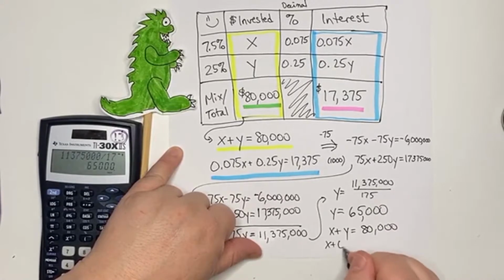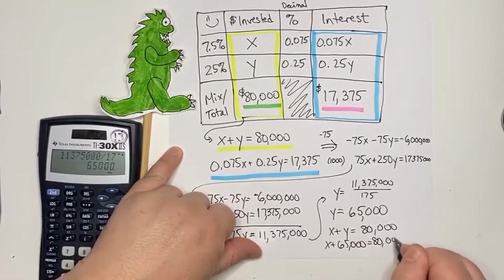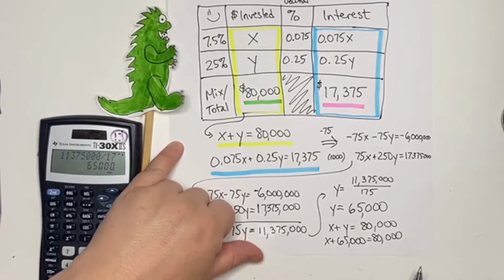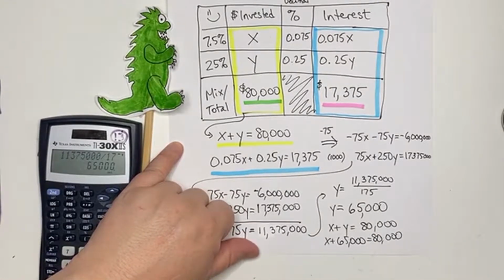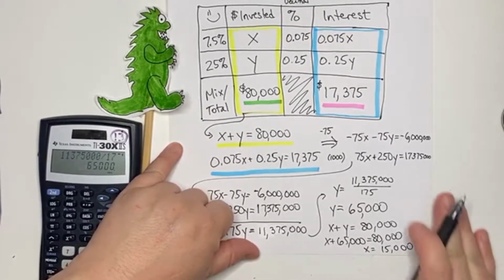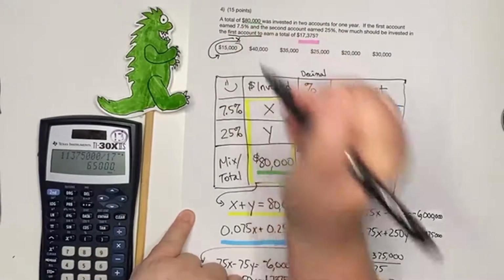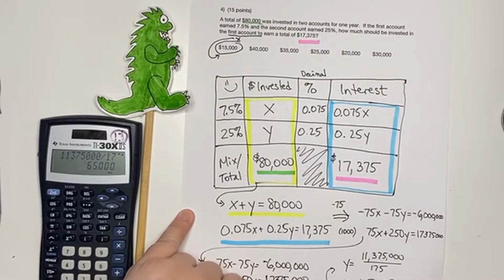So X plus 65,000 is 80,000. I get some perverse joy over putting numbers in the corner. So X is 15,000. Oh, thank goodness, because that is there. Woohoo, it's right there. So I should choose that one.